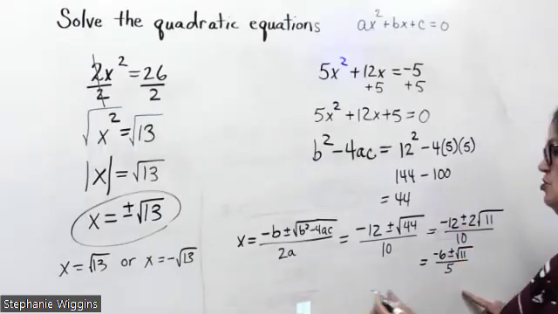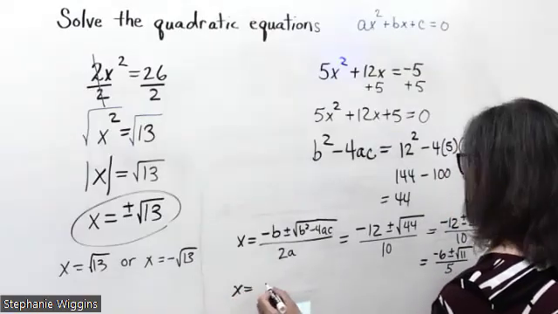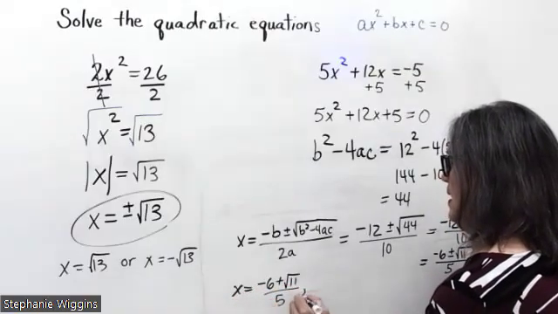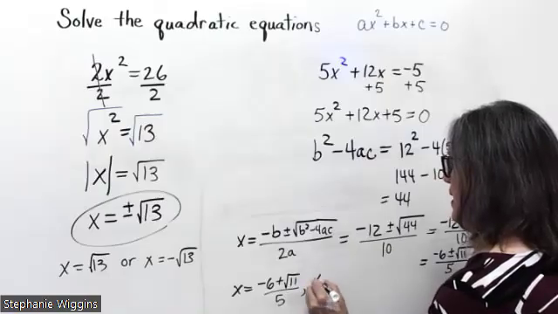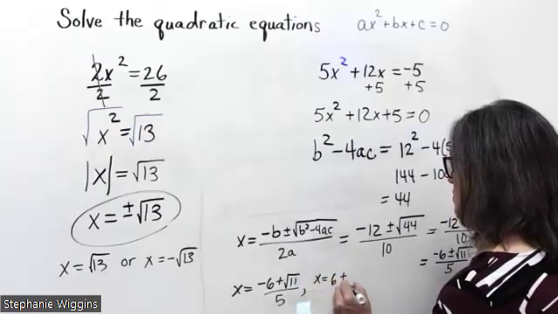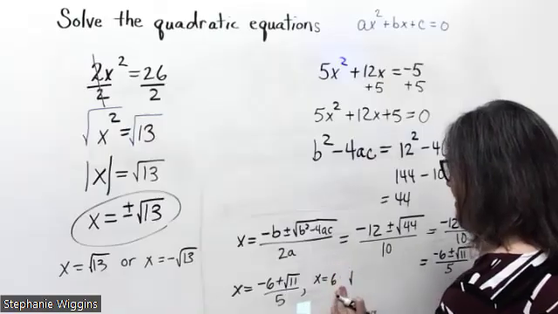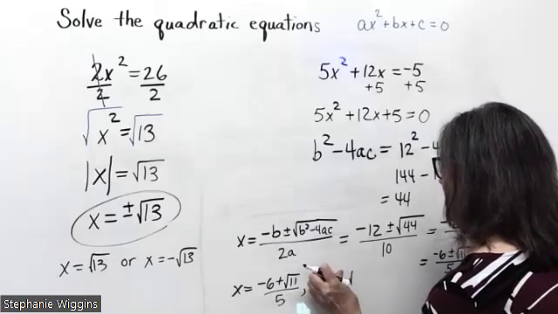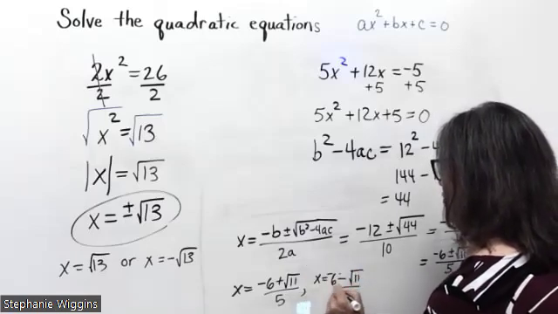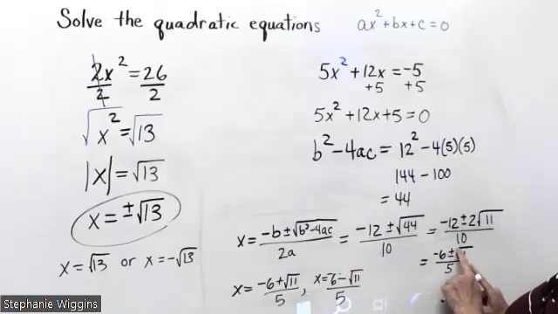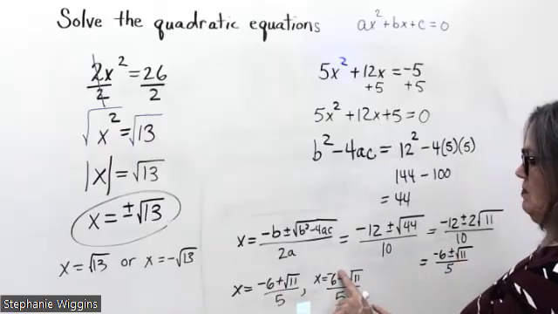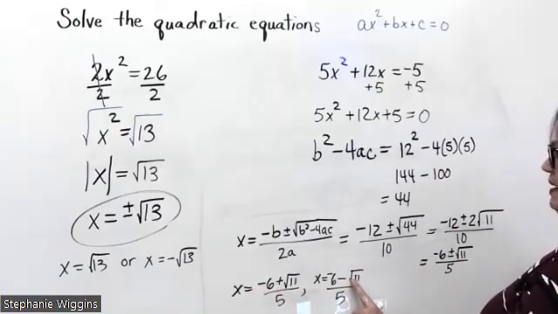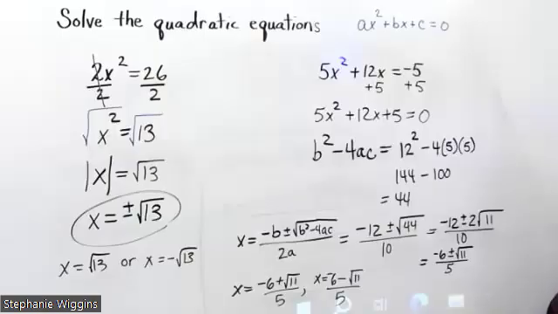So my 2 solutions are x equals minus 6 plus square root of 11 over 5, and x equals minus 6 minus square root of 11 over 5. So here we have plus or minus, this is the plus, and here's the minus. So negative 6 plus square root of 11 over 5 and negative 6 minus square root of 11 over 5 are my solutions.